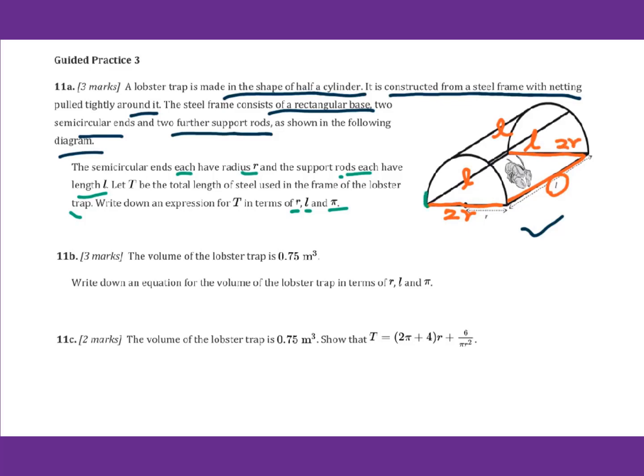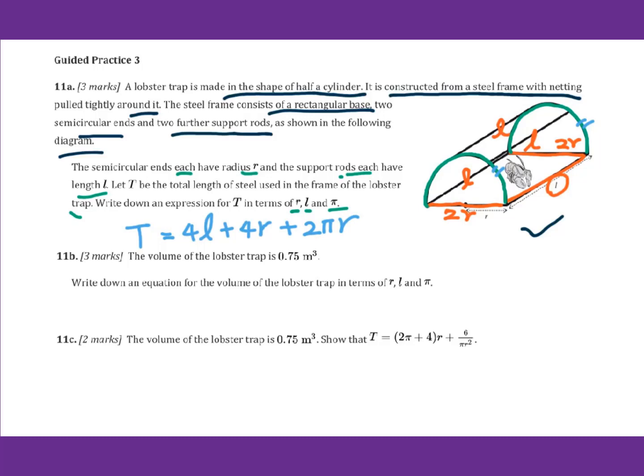Then you calculate for this circumference, half of this circumference, multiply by 2, because we have another one here. In other words, these two adding, you will get the circumference of a circle. Therefore, T equals 4L plus 4r plus 2 pi r.